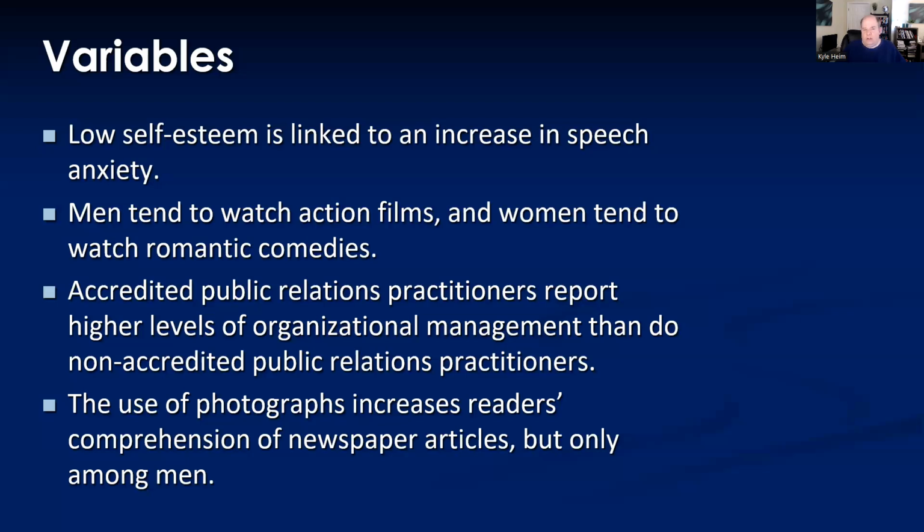Now, the sentence never actually uses the word sex or gender, but that's obviously what it's getting at by distinguishing between men and women. The other variable in that sentence would be genre, film genre. And again, the word genre does not appear anywhere in the sentence, but the sentence talks about action films versus romantic comedies. We know that those are two genres of film.